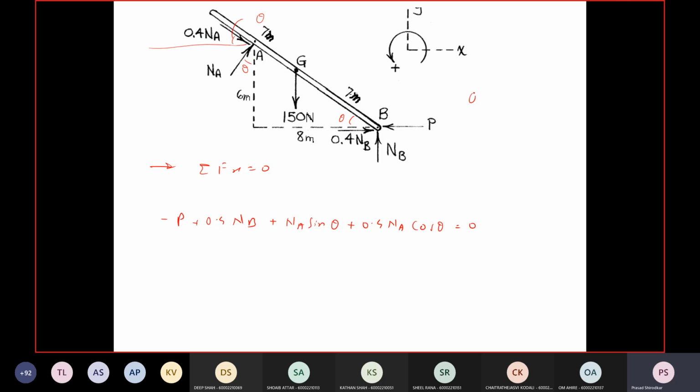Where theta is 36.86, NA is 84 newtons, that is the rounded-up value, and NB is 103 newtons. Substitute that and find the value of P.